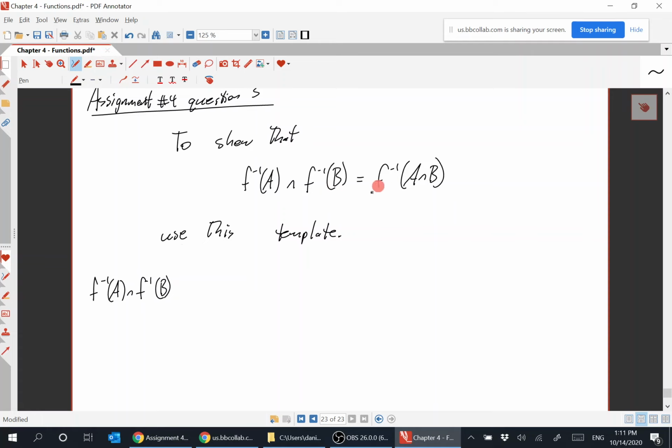How do we show that two sets are equal in general? How did we do that? Come on, guys, it was on the exam. Subset. Right. Preimage A intersection B. And this part of the proof starts out how?